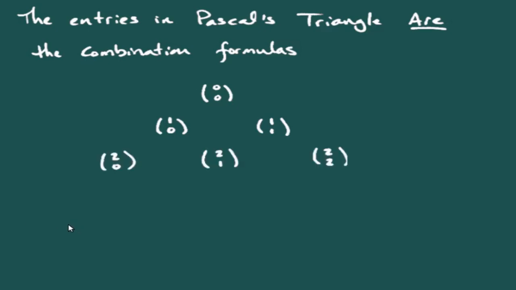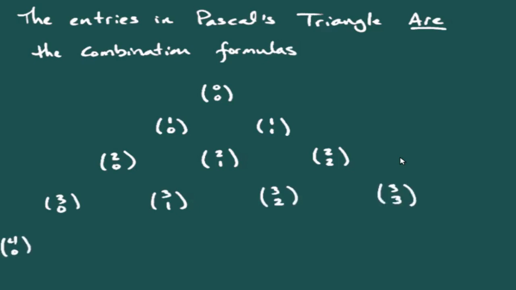For our third row, the 1's on the outside, and then the sum of the diagonals above them, so 1 plus 1. Well, that's the same thing as if we had 2 choose 0 on the outside, 2 choose 1, then 2 choose 2. So each row moving across is just the number of things that we're choosing from the row number that we happen to be on.